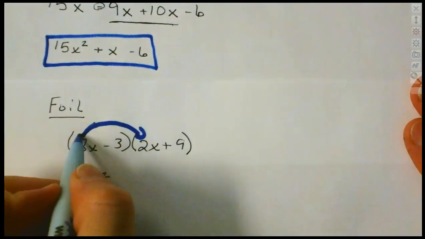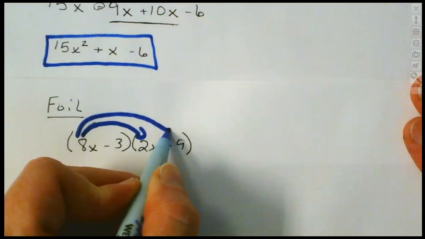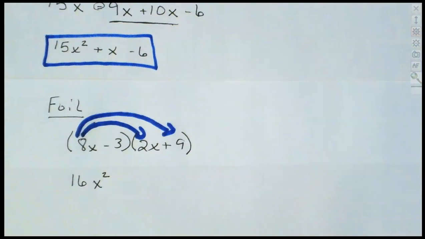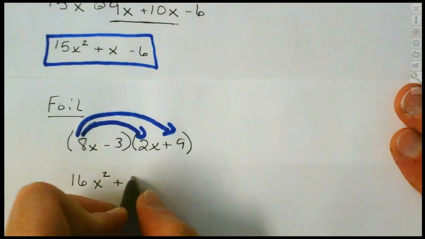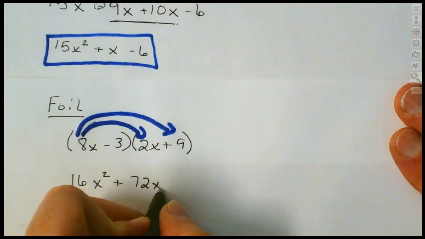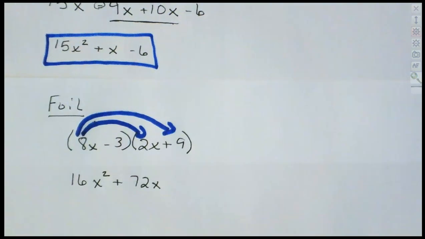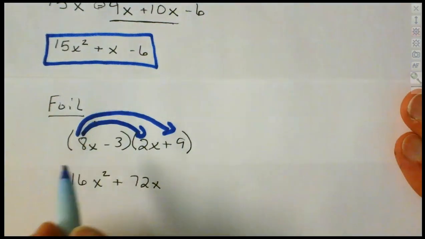So that's outside and outside here. And that's 8x times 9. And 8 times 9 is a 72. So that's going to be a 72x. And I don't want you to miss these questions on your final, because these are easy questions here.